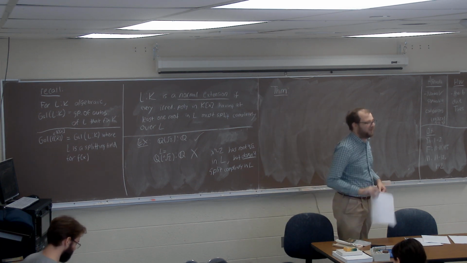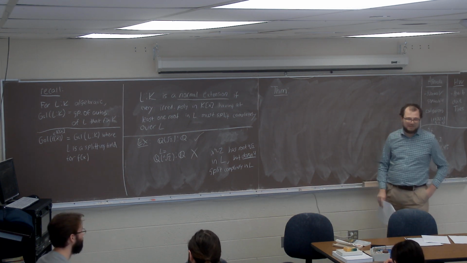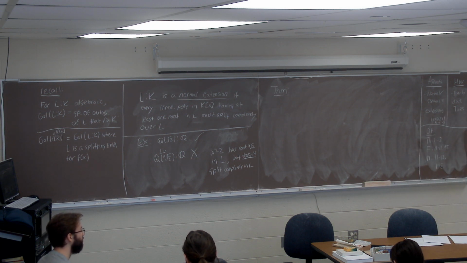Turns out we're going to have a nice theorem that makes this a lot easier. A field extension is normal if and only if it's a splitting field for some polynomial in your base field.